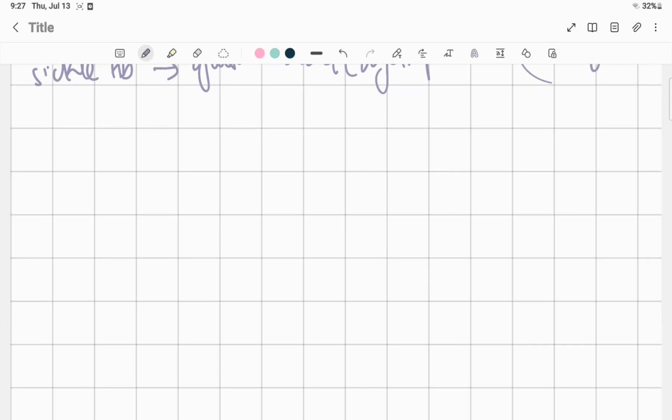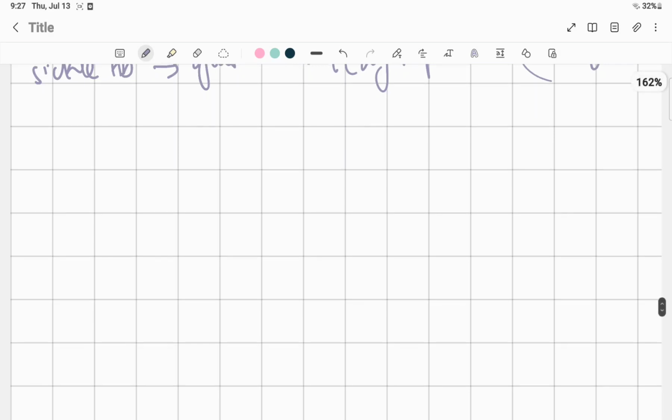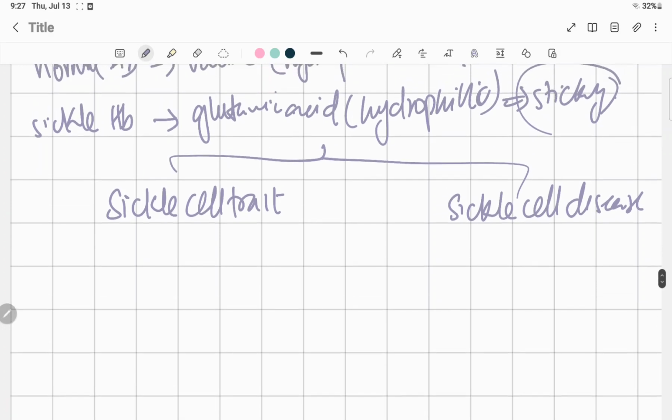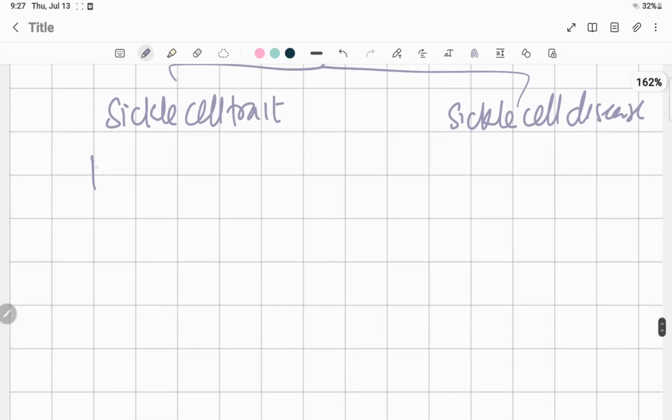Another thing that you need to know is that there are two types: sickle cell trait, and sickle cell disease. Sickle cell trait is when we have one beta that is okay and one that is not. One beta is normal and the other is not.